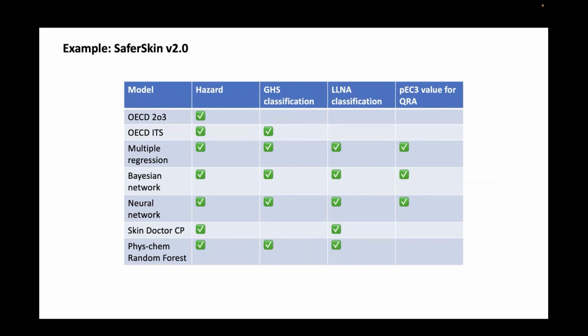And as I said, all the models can be used for hazard assessment, and then the majority can be used for GHS and LLNA classification, while only 3 of these defined approaches can also provide an EC3 value for risk assessment. So it's multiple linear regression, Bayesian network, and neural network.